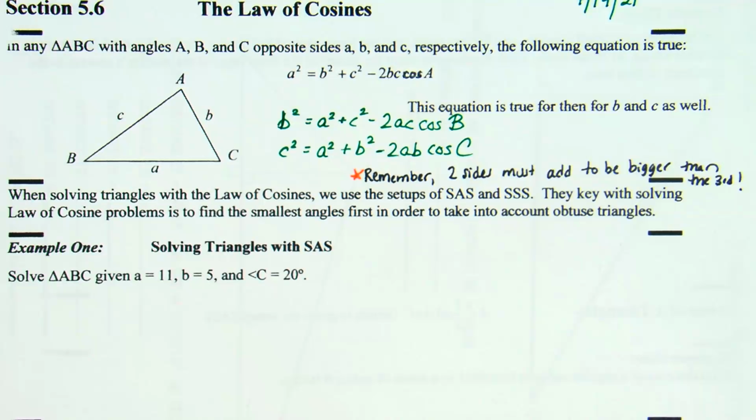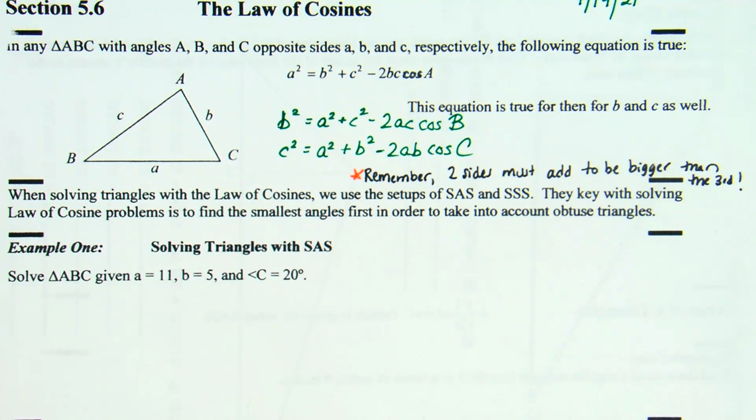Okay, it's not physically possible to have 2 sides of the triangle that add up and are smaller than the third side because they wouldn't even be able to reach each other. So that's going to be one of those catches today that we could run into a situation where a triangle does not exist. So anytime you're given 3 sides, make sure that the 2 smaller sides add up to be bigger than the larger side. Okay, that will be one of the catches there.